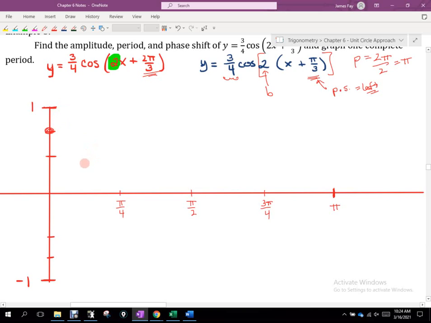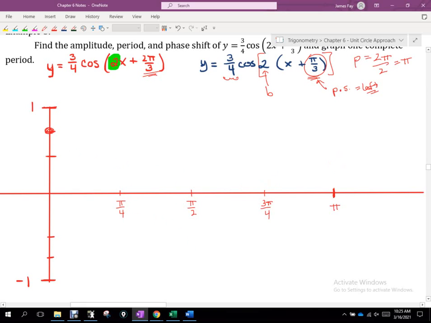So this is what I do. You have to do a little bit of legwork at the beginning to make things easier for yourselves later on. I look at the smallest unit that I have established on my x-axis, and it's pi over 4. And I look at my phase shift, and it's pi over 3. So I know I'm going to have points at pi over 4, pi over 2, 3 pi over 4, and pi that need to move pi over 3.